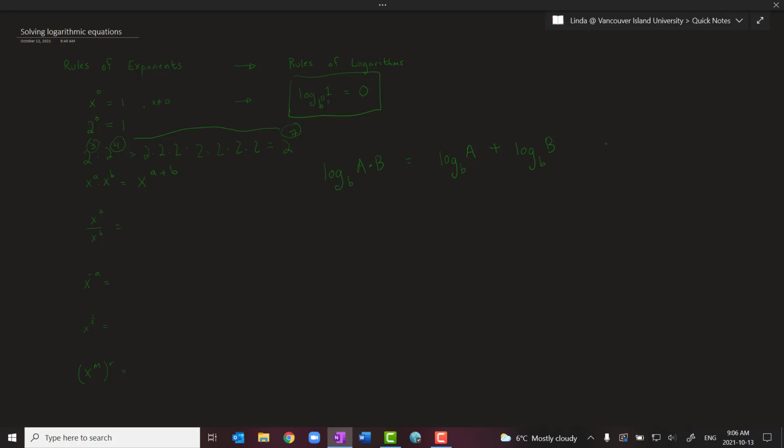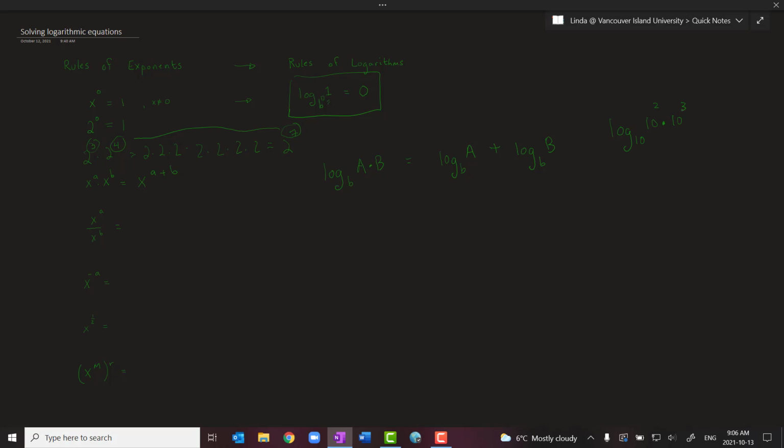So let's put this into a concrete example. So say we have log base 10. Now, when you have a base 10, you don't write anything down here, but I'm going to put 10 just to emphasize that our base is 10. And say you had 10 squared times 10 cubed.